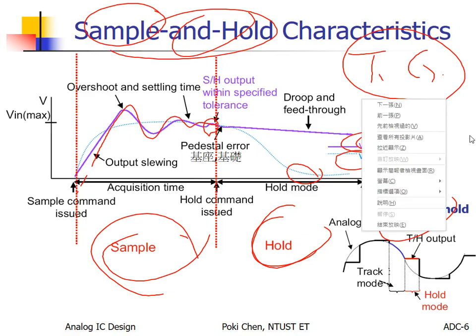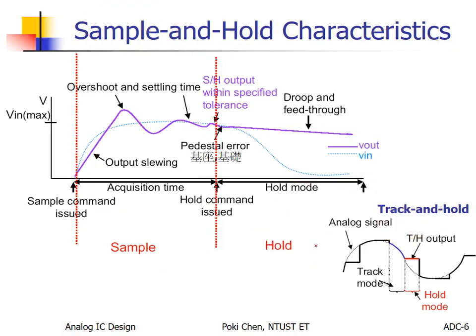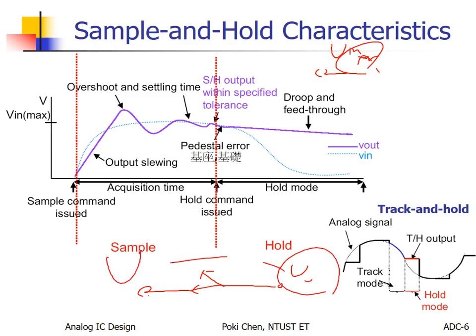So the easiest way, in theory, this is your V in, and we have a switch, and this is your output. During sampling, you close the switch to let your V out trace V in.